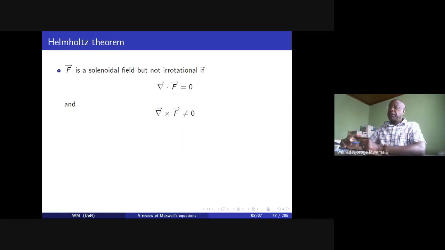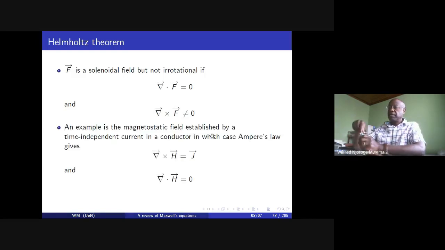F could be solenoidal, but not irrotational. This happens when the divergence of F is equal to 0, but its curl is not equal to 0. An example would be the magnetostatic field established by a time-independent current, that is a DC current flowing through a conductor.